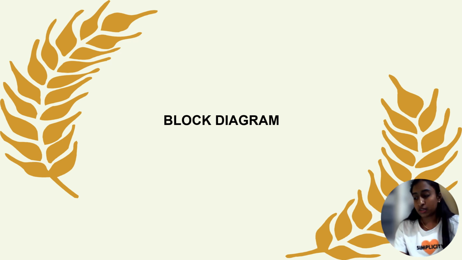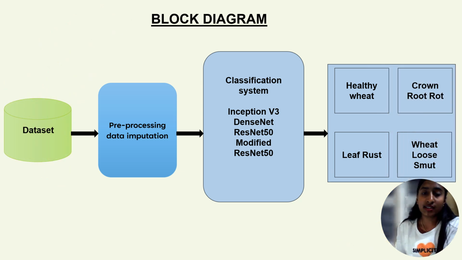This is the block diagram. Here we'll be discussing the steps included in the CNN model. First is the dataset. As I told, the dataset is very important. First we need to collect the datasets. The dataset may include many images.